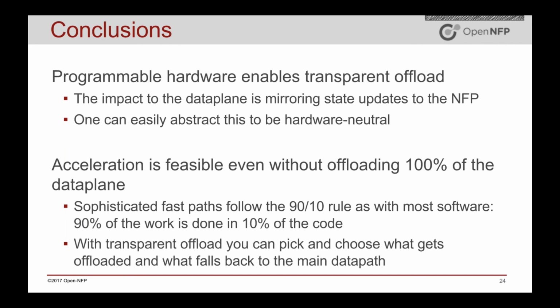And in practice, sophisticated data planes like OVS or vRouter, and I'm sure there are others we can bring up, OVSTC, they've kind of followed the 90-10 rule, where 90% of the work is done by 10% of the code. And so that very much lends itself to, okay, pick the important 10%, put it on a SmartNIC as your first stab at offload, and then let the rest fall back to the main data plane.